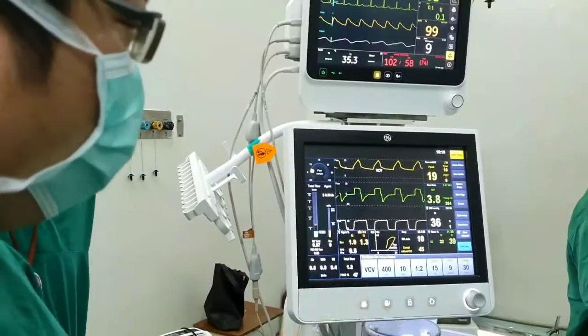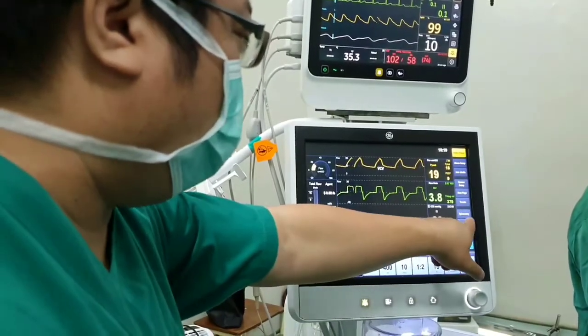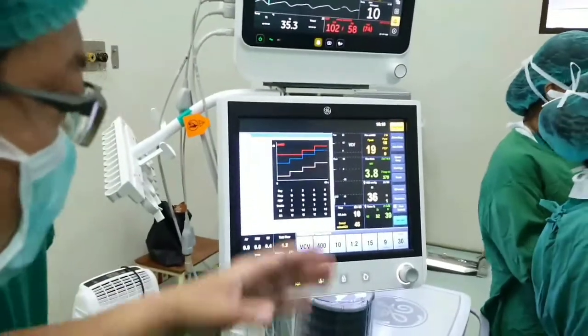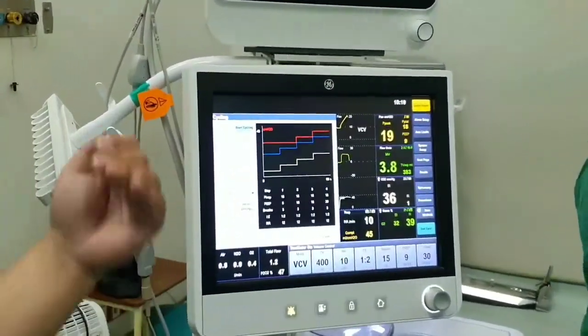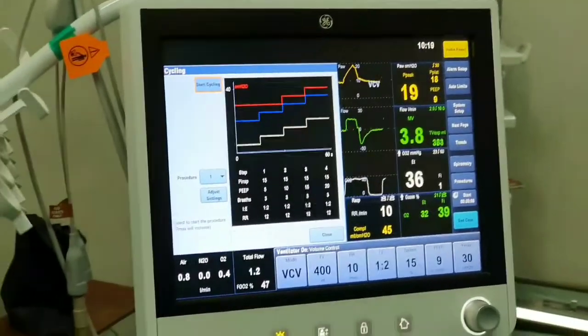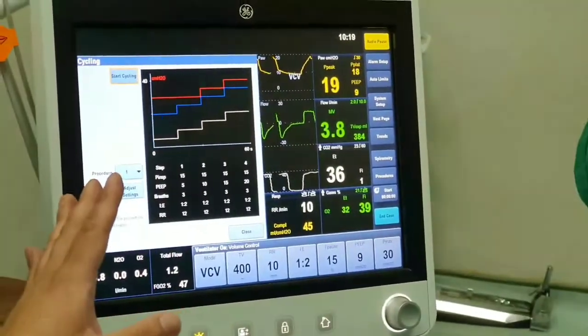To do lung recruitment, there are many ways. One of them is to use cycling. So procedure cycling gives you progressive increases in the patient's PEEP. It's divided into different phases.